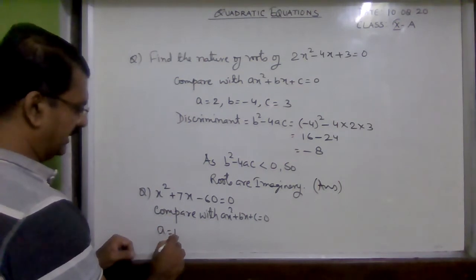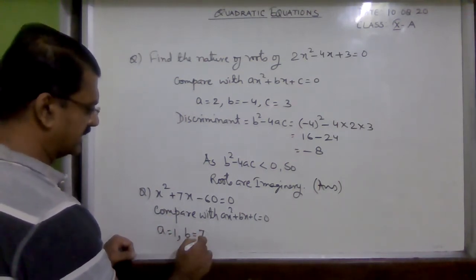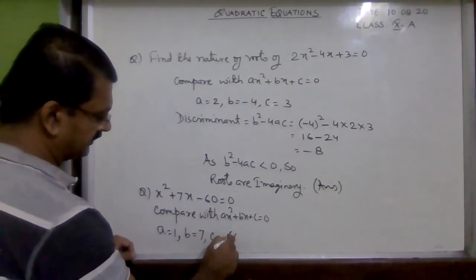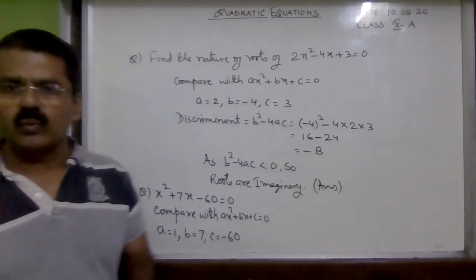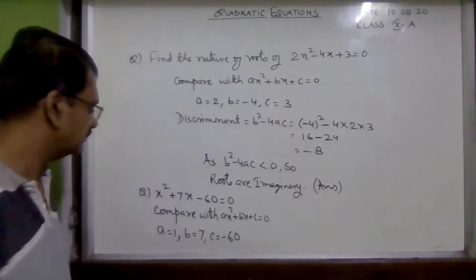A is equal to 1, B is equal to 7, C is equal to minus 60.